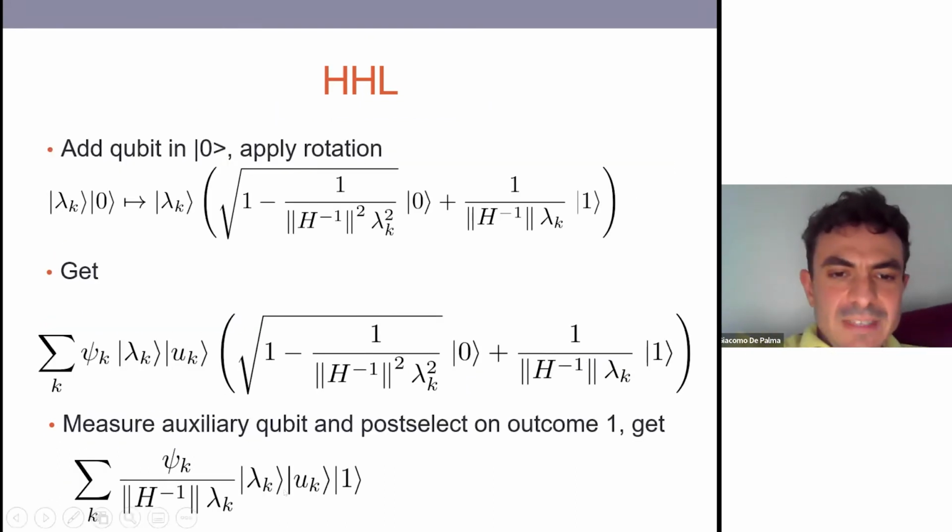Now, this lambda is here, but we would not like it to be here because it should not be in the final state. And the way to get rid of this lambda is a technique called uncomputing, which consists simply in applying the inverse of the unitary of quantum phase estimation.